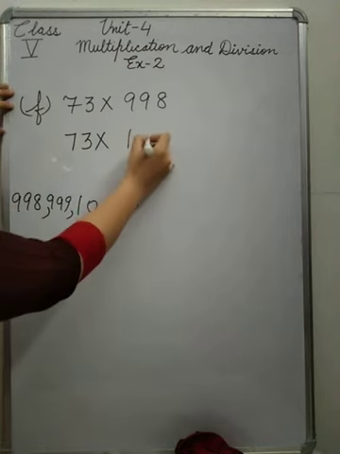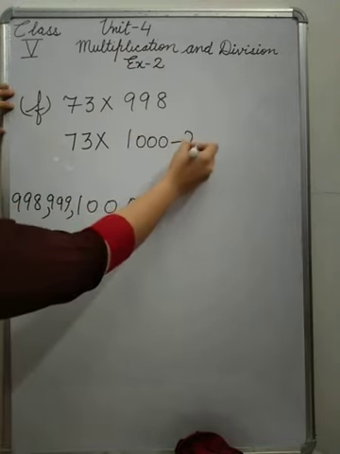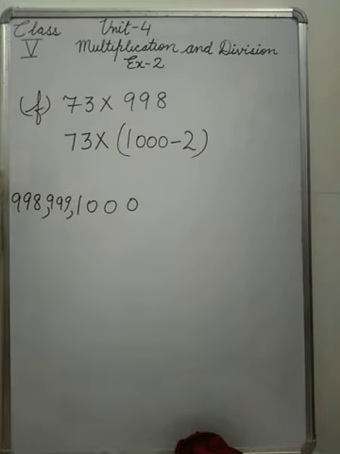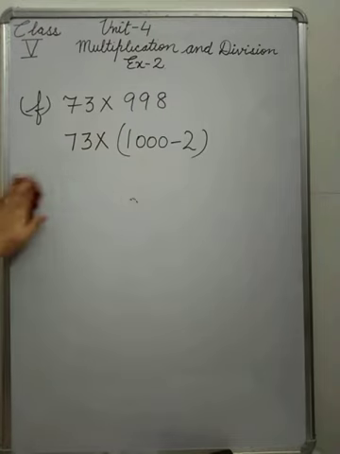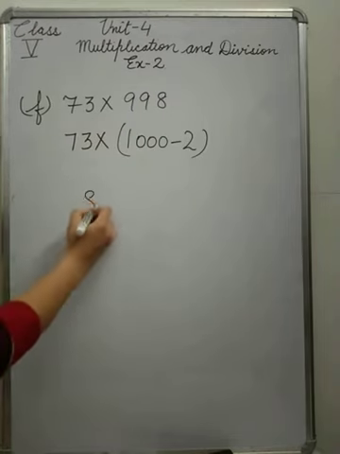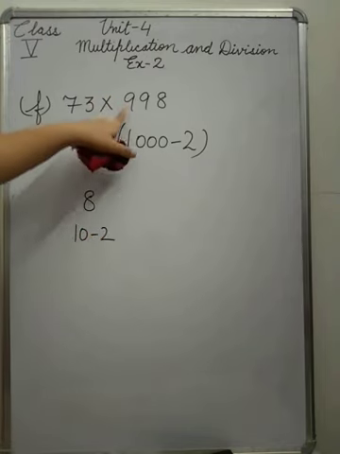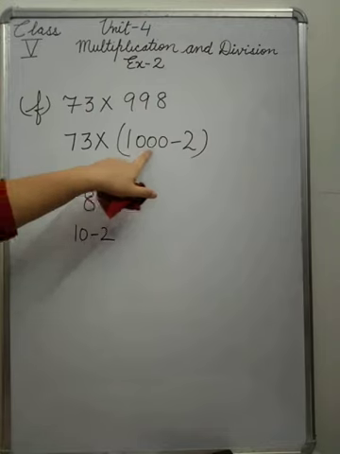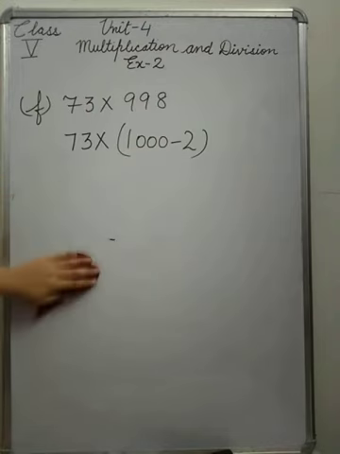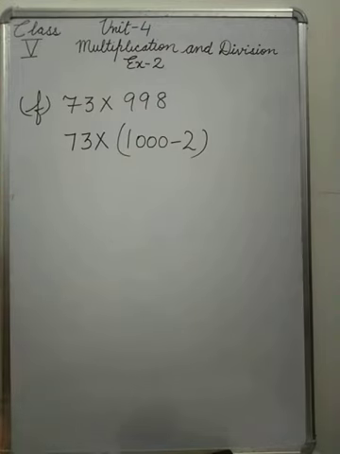That means 1000 minus 2. You can write 998 as 1000 minus 2. Like you write 8, how do you write 8? 10 minus 2. In the same way, 998 is 1000 minus 2. Now the calculation becomes very easy.